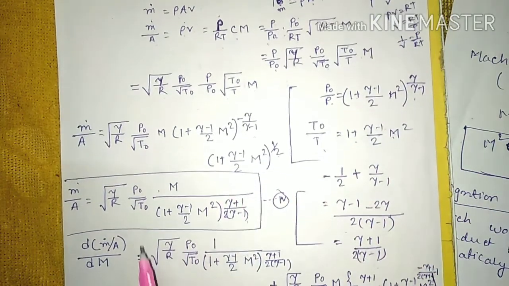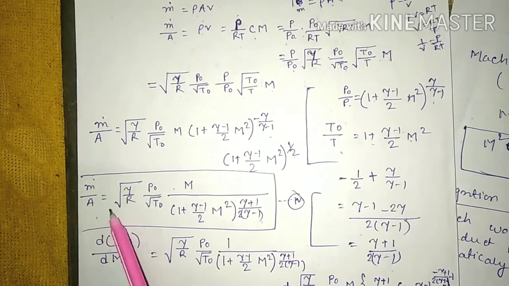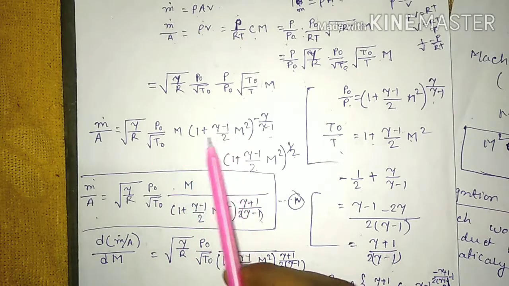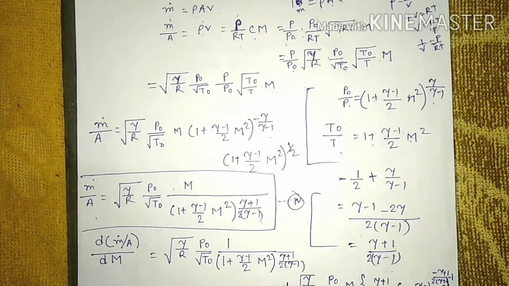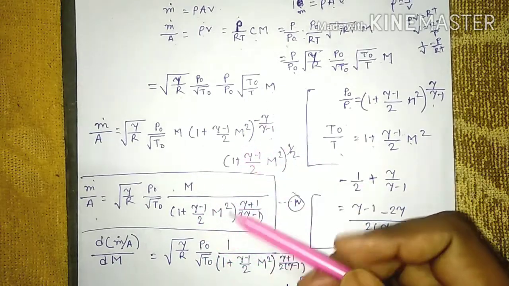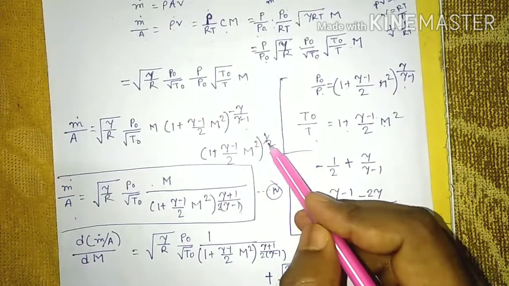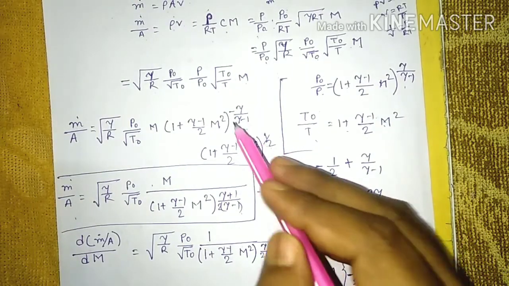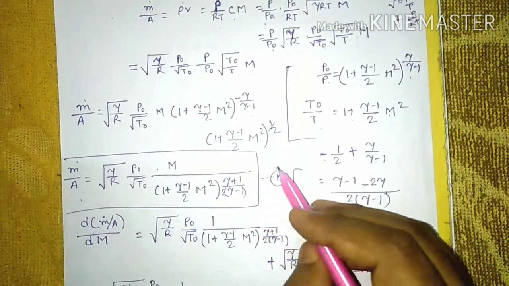Now m dot by A, the mass flow rate per unit area, equals M divided by these two terms. The term 1 plus (gamma minus 1) by 2 into M squared is basically the same in both cases. So M divided by, if you put it in the denominator, it is plus half here and minus half, so it goes to the denominator part.